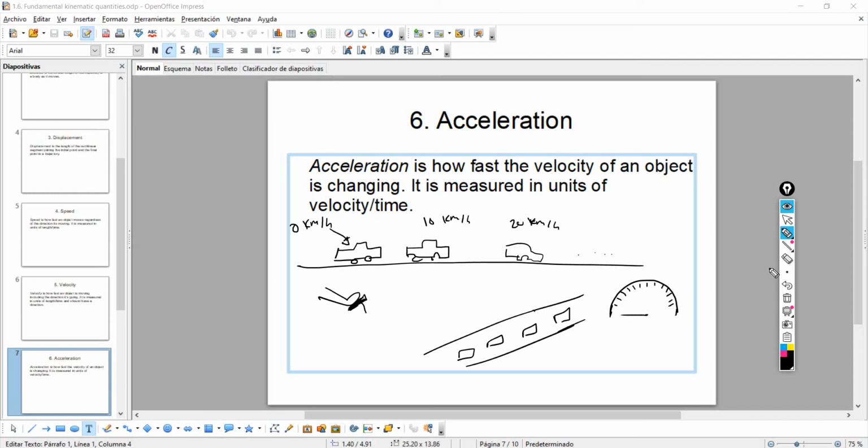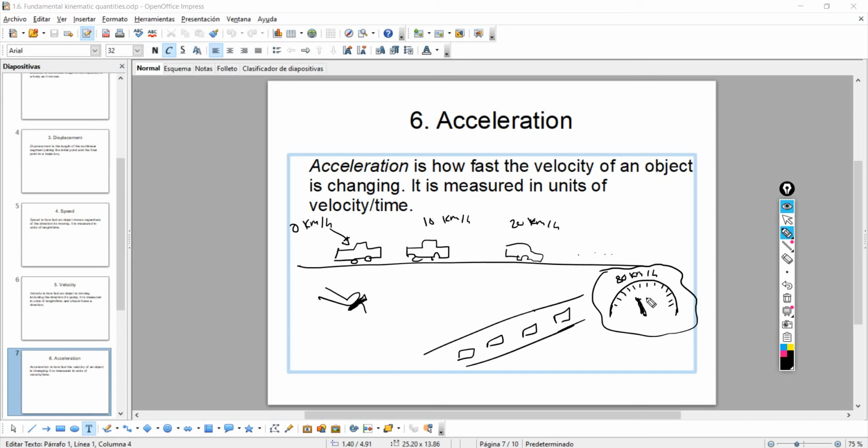Okay, and then you have the indicator, which is this needle, and you have it pointing at 80 kilometers per hour. Okay, right there, and you observe that this thing doesn't change. You have your foot on the pedal in such a way that this measurement doesn't change.